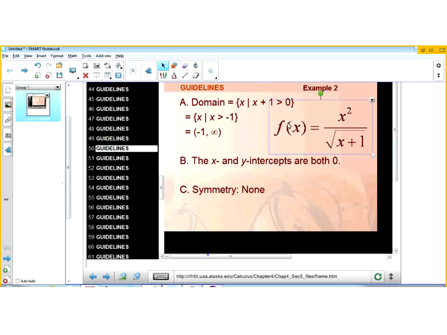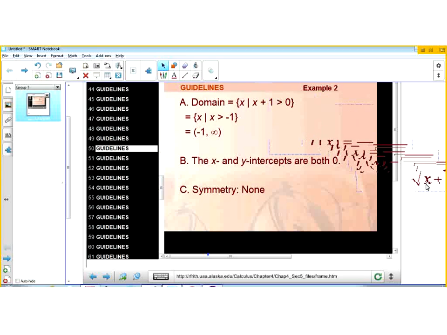The x-intercepts happen where the output is 0, and the output is 0 at x equals 0. Plugging in x equals 0, the origin is both the x and y intercept. This function will have no symmetry. That's easily verified.